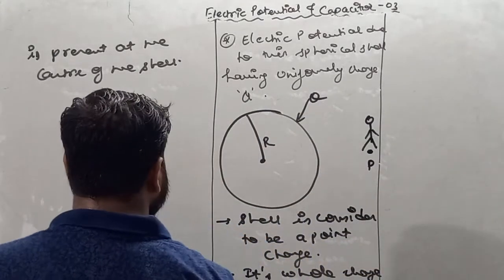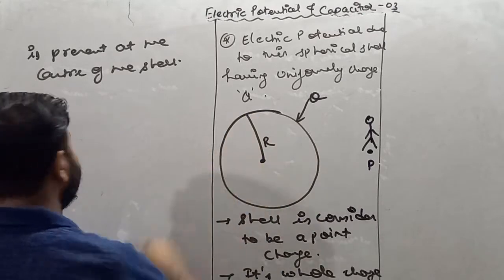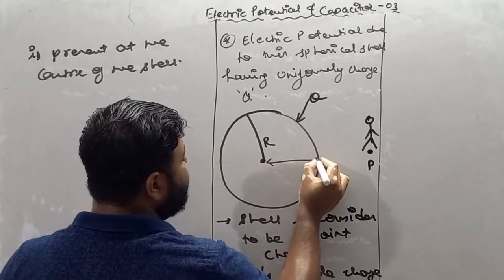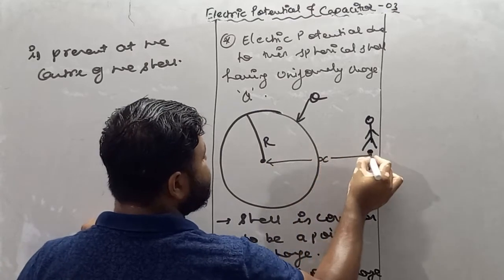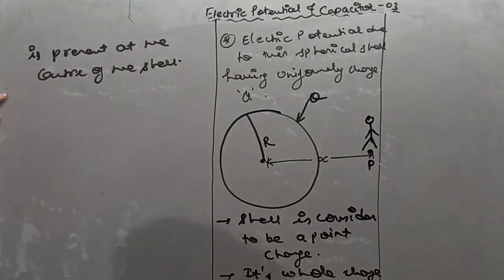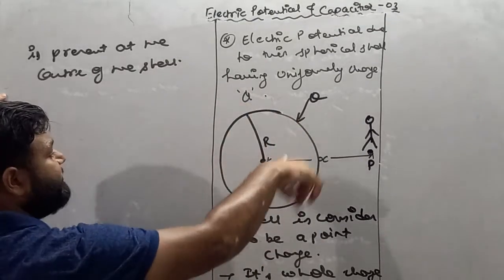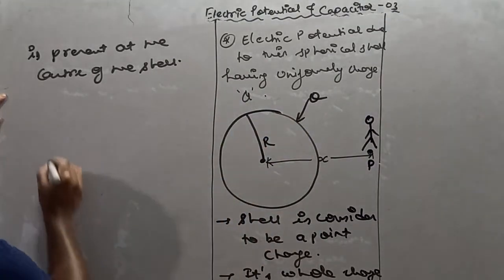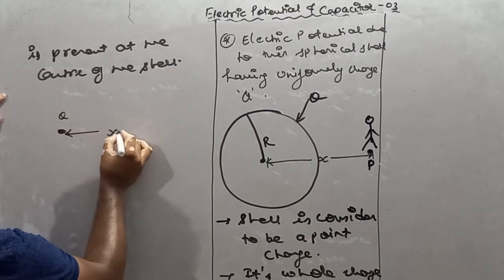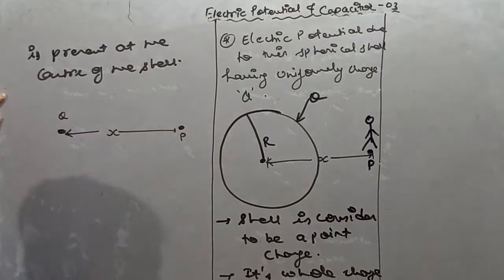So my dear student, if we consider the shell to be a point charge and we wish to find the electric potential at this point P, which is, let's suppose, x distance apart from the center of the shell, then the shell is no more a continuous charge, it is a point charge. The total charge on the shell is Q, and at x distance apart we have to find the electric potential.